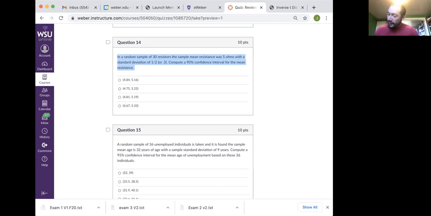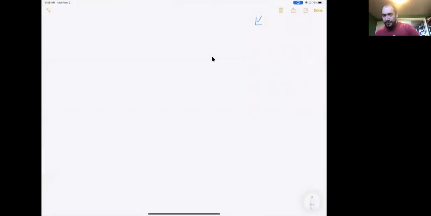So what do you all think? Which formula is it? Excellent. Shelby is 100% right. It's the first one, because we have the sample standard deviation, and it's given to us as 1/2, so s is 1/2. What else do we know?